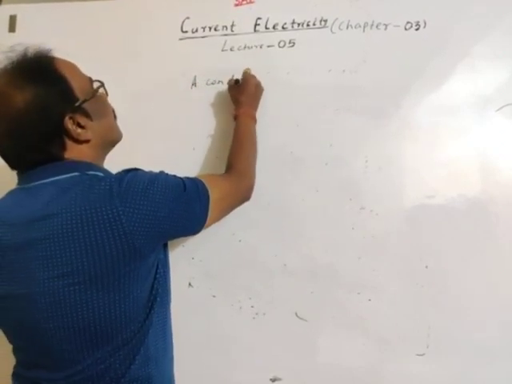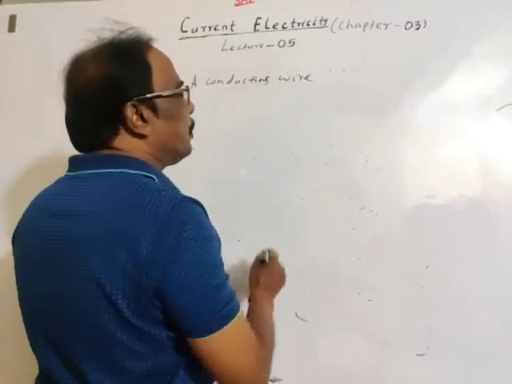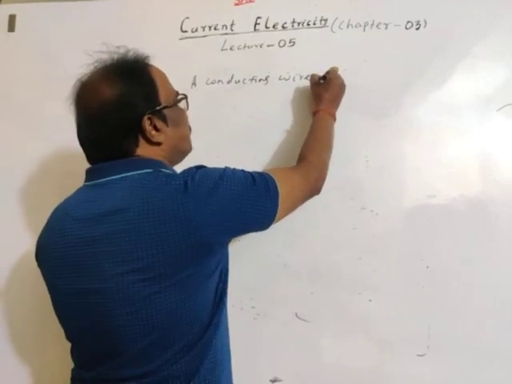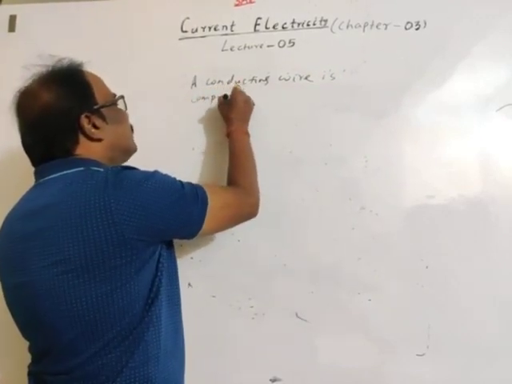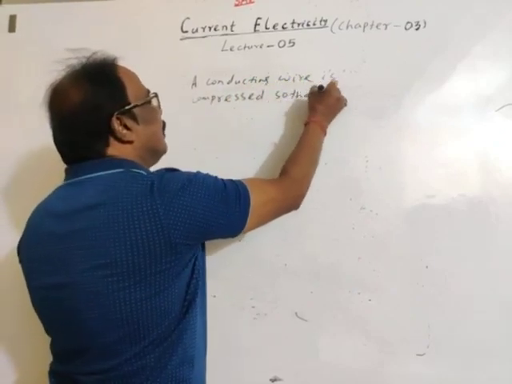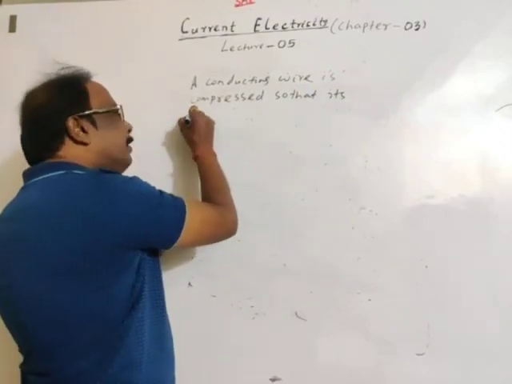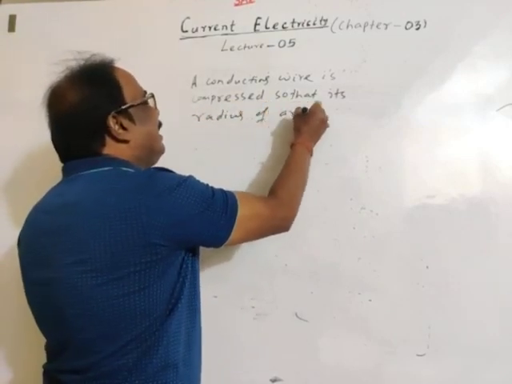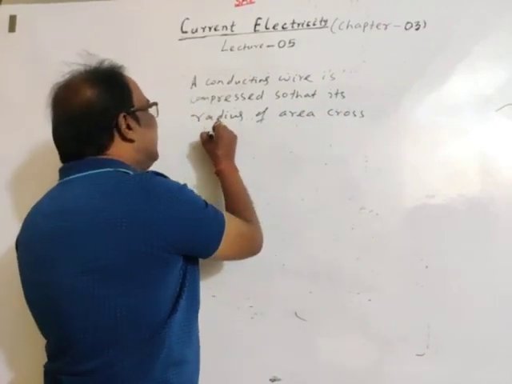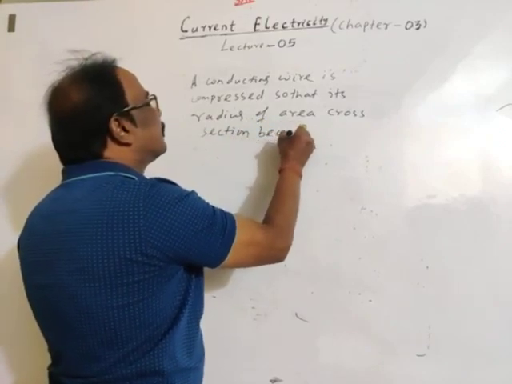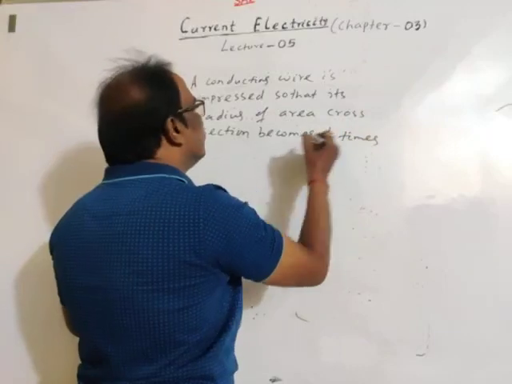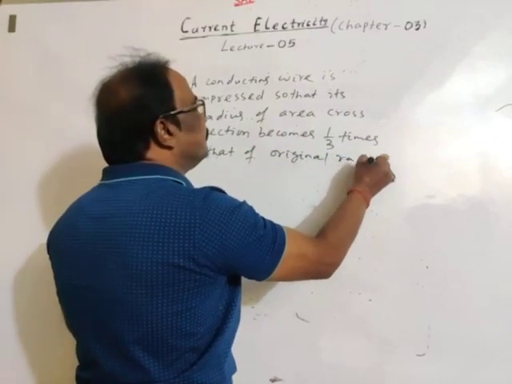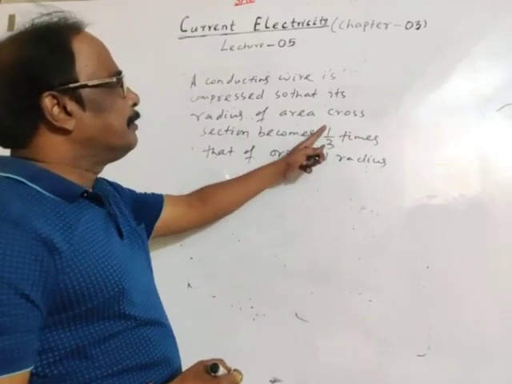A conducting wire is compressed so that its radius of cross section becomes 1 by 3 times that of the original radius.